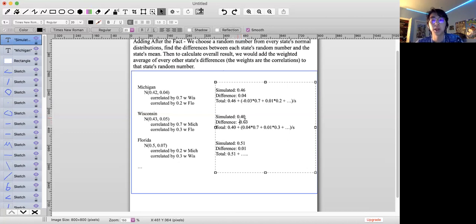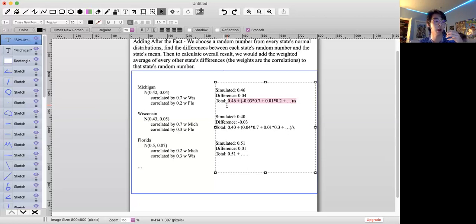The difference between this method and the first method is that this method isn't choosing one state to be the center of that one simulation, because we're taking random numbers from all 50 states plus DC and combining them together. So in a sense, every single one of these overall results is the combination of 51 different random numbers.